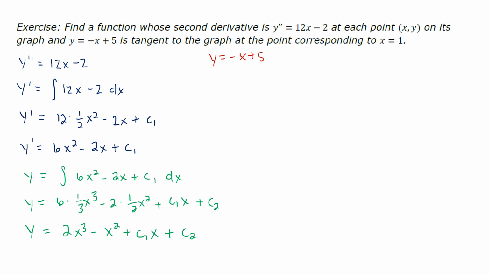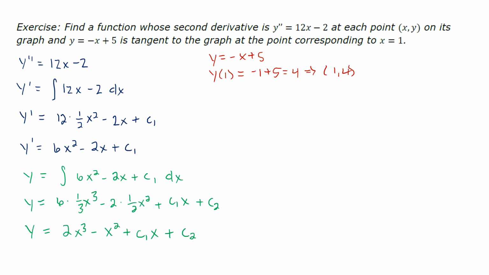All right, so if I substitute in 1, I get negative 1 plus 5, which equals 4. So at the point (1, 4), the tangent line is connected to the graph of our function.